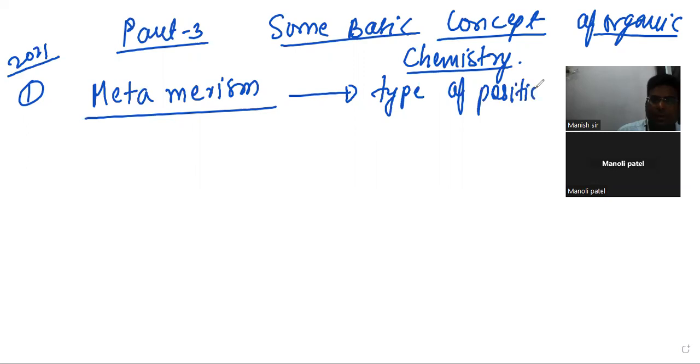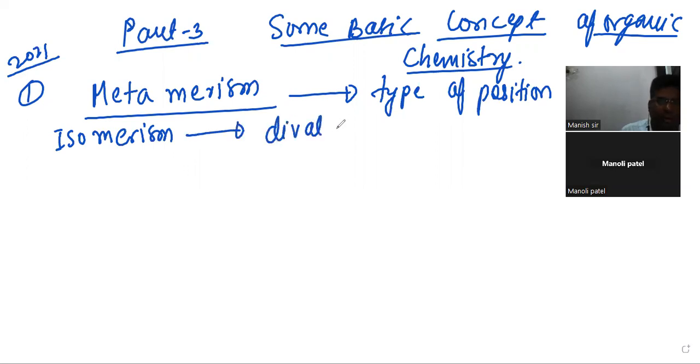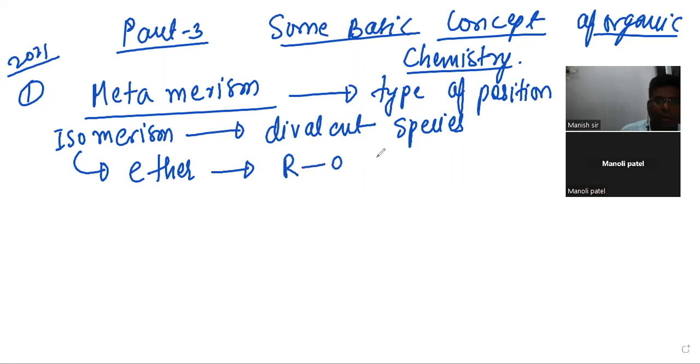So the functional group can be shifted. Position isomerism is shown mostly by divalent species, like ether. So who shows metamerism? Basically ether. The ether general formula is ROR.